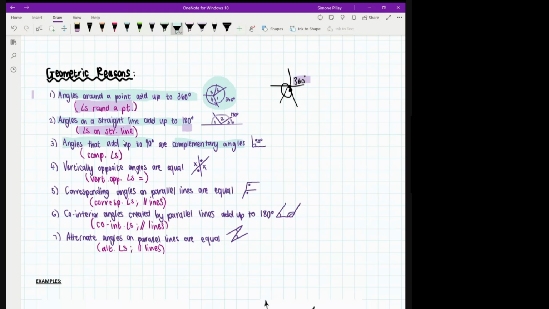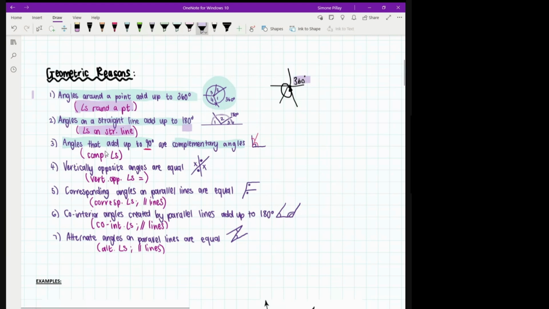So if you see a 90-degree diagram that they've given you, and they've got another line in here, you know that when you add up this first angle and the second angle, because it's two angles within a right angle, those two angles are going to add up to 90 degrees. We call angles that add up to 90 degrees complementary angles.